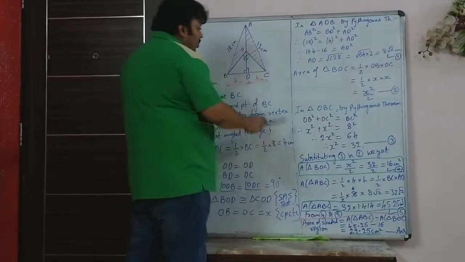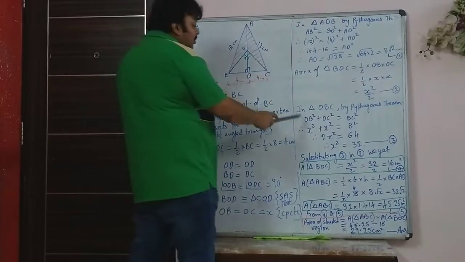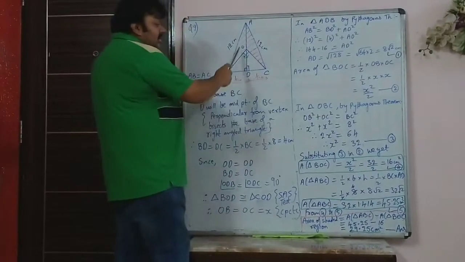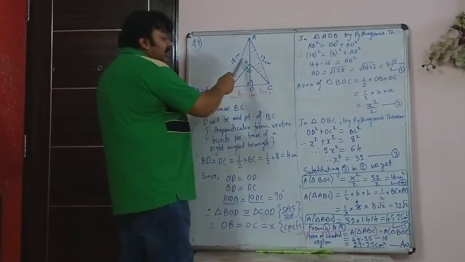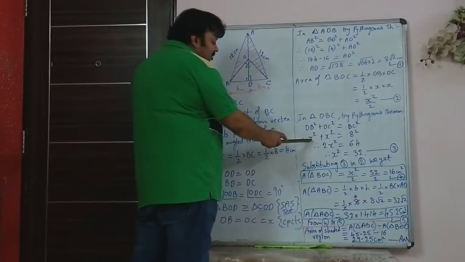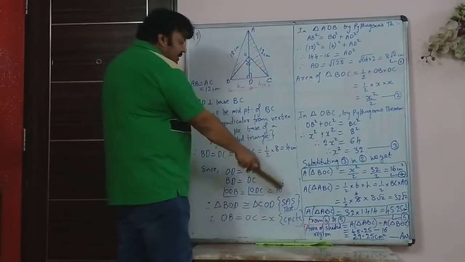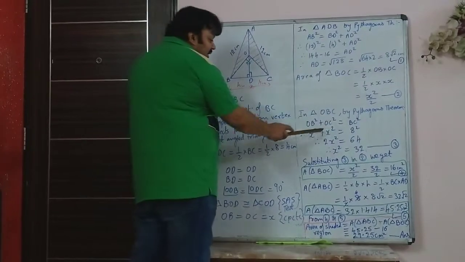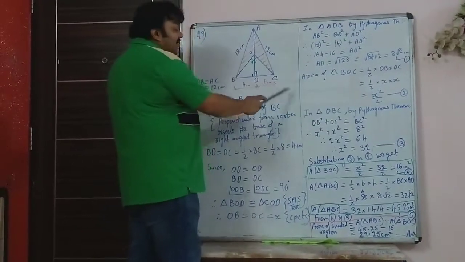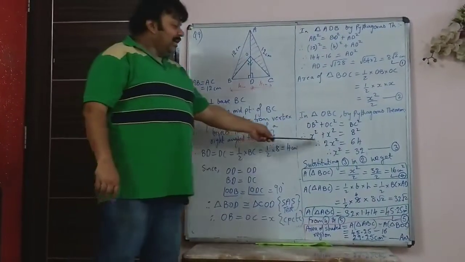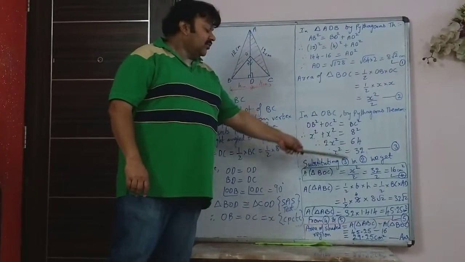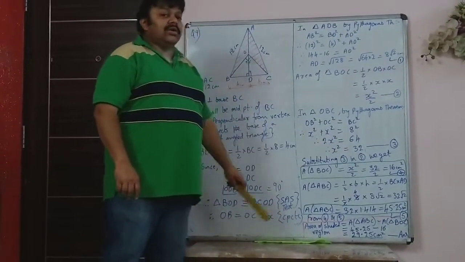So you have OB squared plus OC squared is BC squared. Pythagoras theorem in triangle OBC. So X squared plus X squared is 8 squared, or 2X squared when you add it is 64. So X squared is 32.